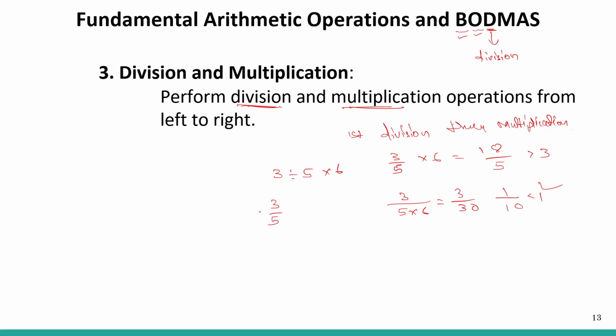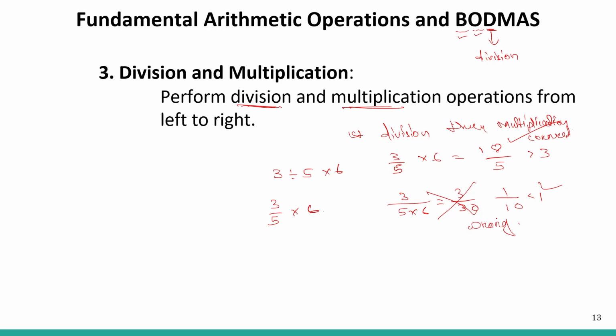This is how we write it, and first we divide 3 by 5. Then we multiply by 6, because after that we move forward to multiplication. So this will be the answer, 18 by 5 is the correct answer. This is the wrong answer.